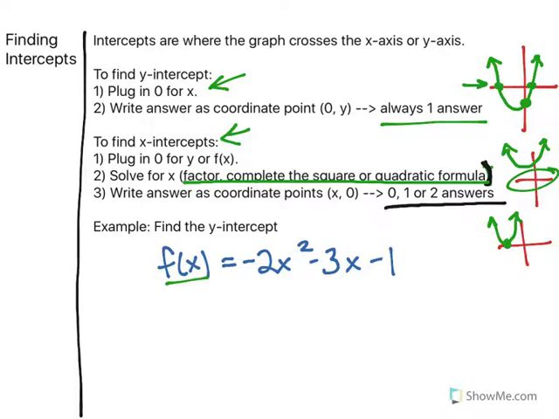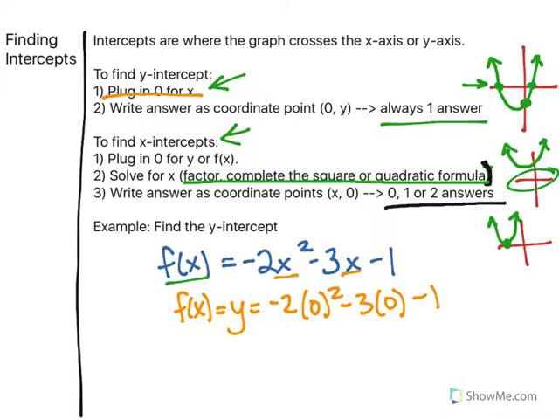It says plug in 0 for x. Okay, so here's our function, so we have f(x), which is the same as y, equals -2 times 0 squared, because we plugged in 0 for this x, and we're going to plug in 0 for this x as well. 0 squared is 0, times -2 equals 0. -3 times 0 is 0.